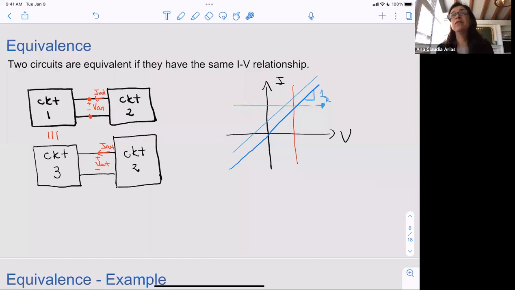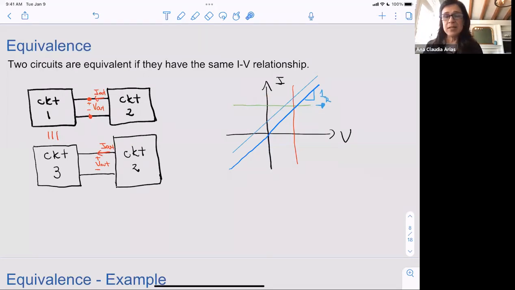Very good. It's a combination of elements, a resistor plus a current source. In this case, the resistor is giving us the slope, right? And where it crosses the I axis, it's given by the current source.